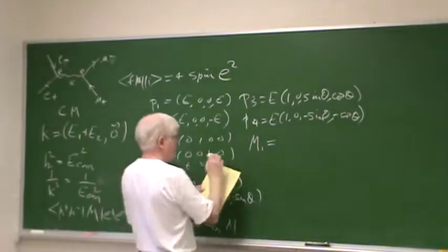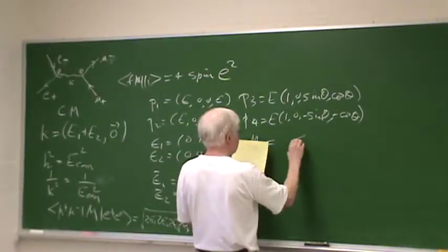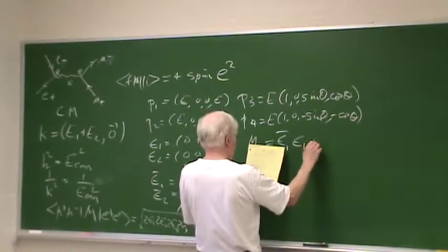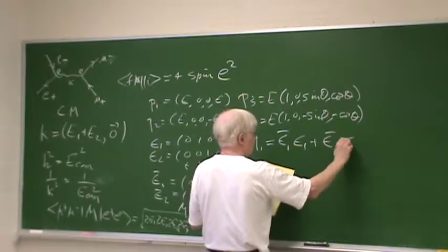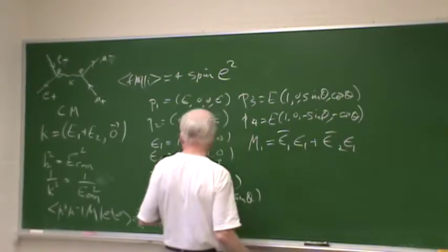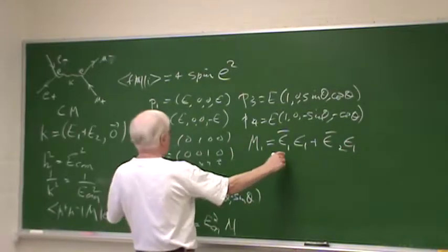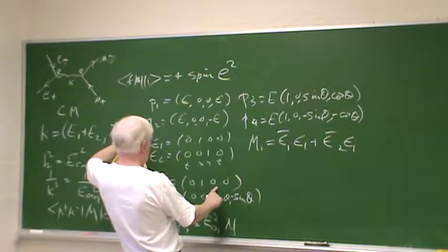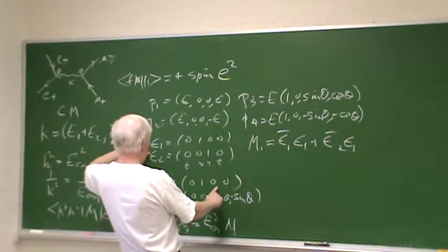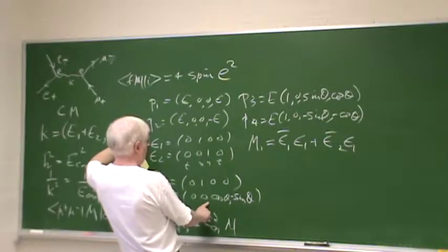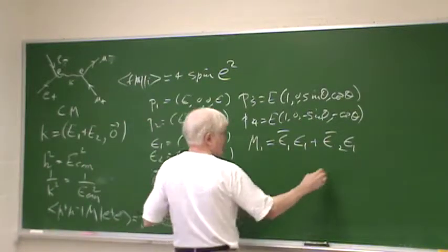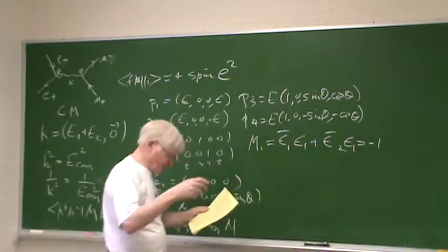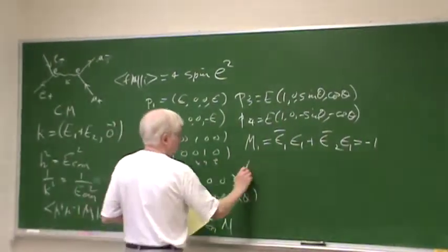All right, so what we get then is, for one amplitude, if epsilon 1 is the first polarization vector, then we have epsilon 1 bar plus epsilon 2 bar epsilon 1. This epsilon 1 bar gives you a 1, but epsilon 1, epsilon 2 bar gives you a 0. And so this is in fact minus 1 because of the Minkowski metric.